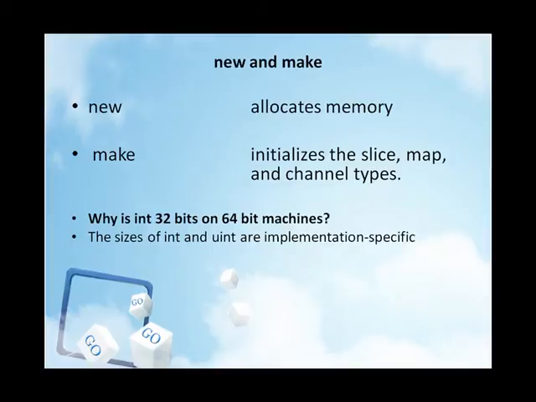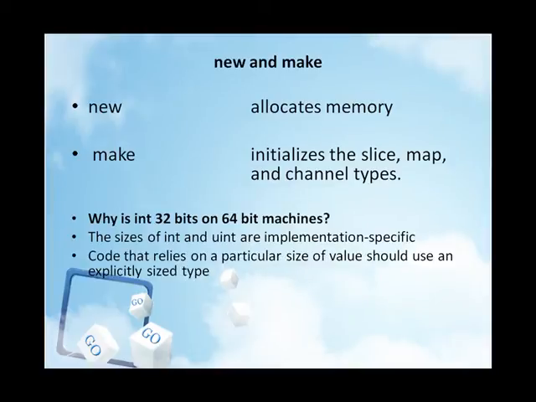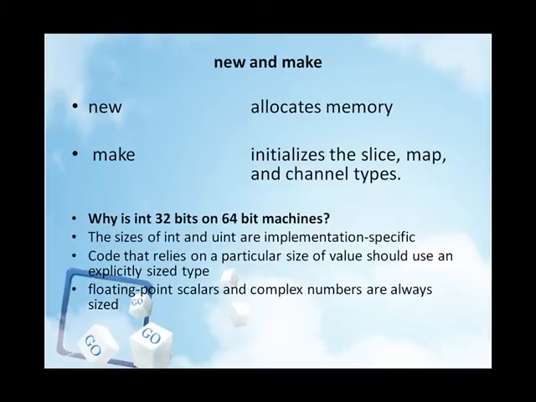The sizes of int and uint are implementation specific, but the same as each other on a given platform. The 64-bit Go compilers use a 32-bit representation for int. Code that relies on a particular size of value should use an explicitly sized type, like int64.